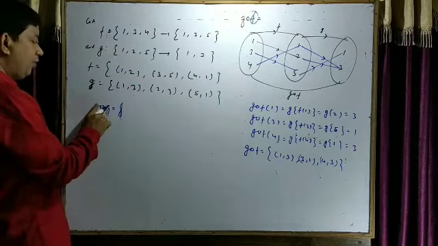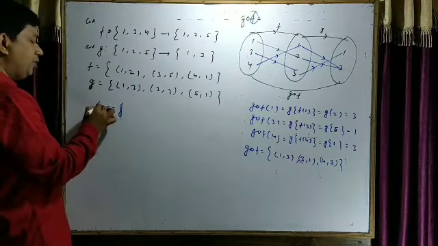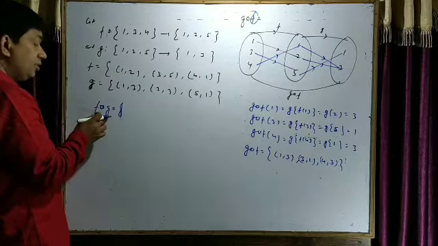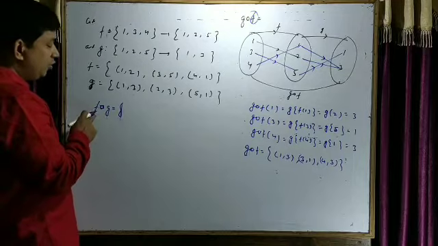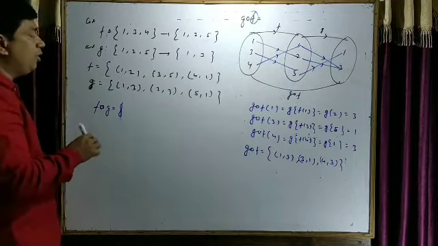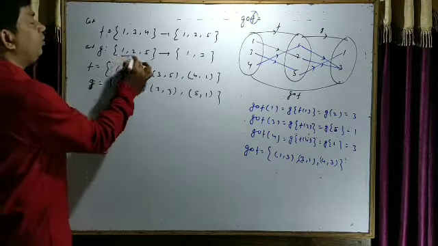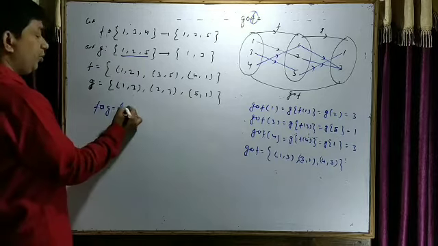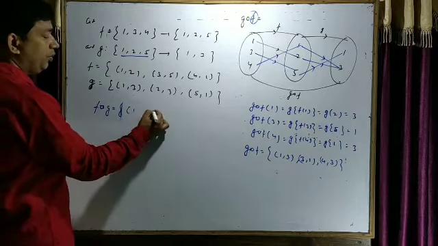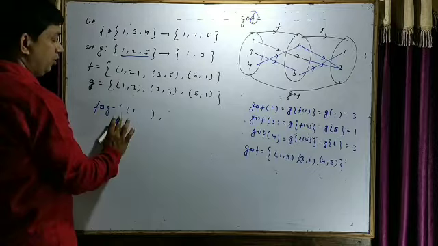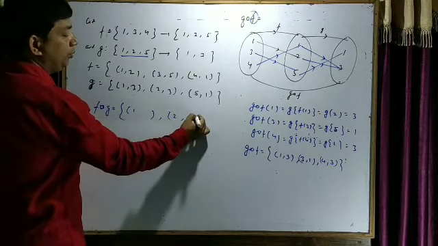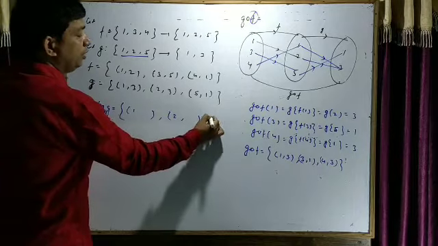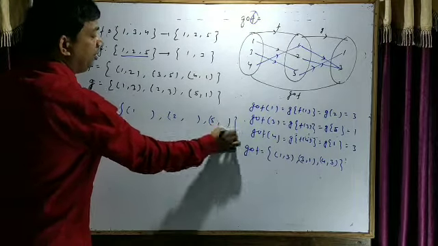When I write fog, it is a composition of G and F, so the domain of G is the domain of fog. So the domain of G is 1, 2, 5, and for these I want to find the answer.